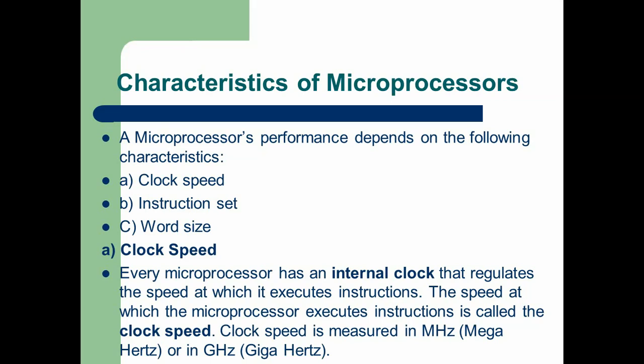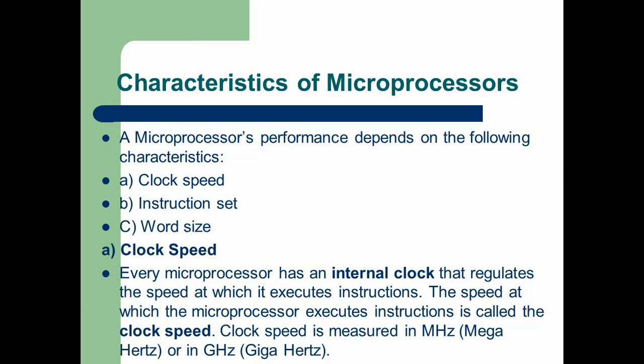So what is clock speed? Every microprocessor has an internal clock that regulates the speed at which it executes instructions. The speed at which the microprocessor executes instructions is called the clock speed. Clock speed is measured in megahertz or gigahertz.